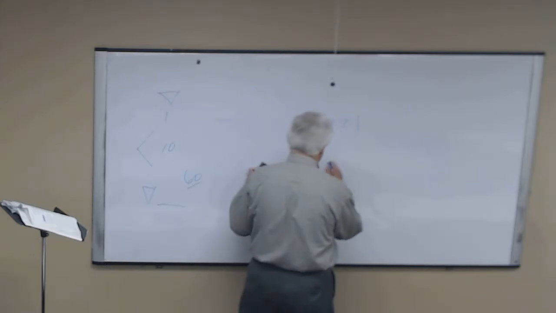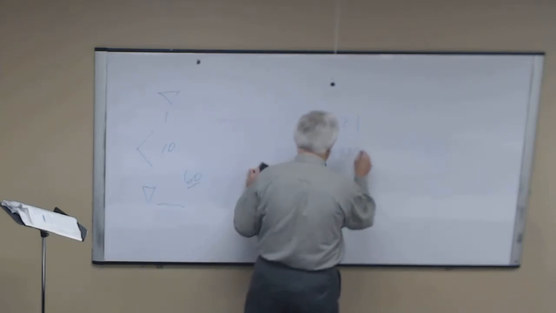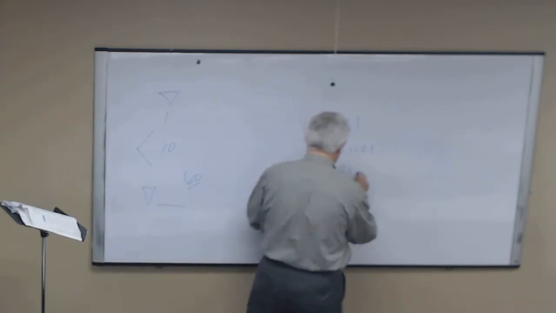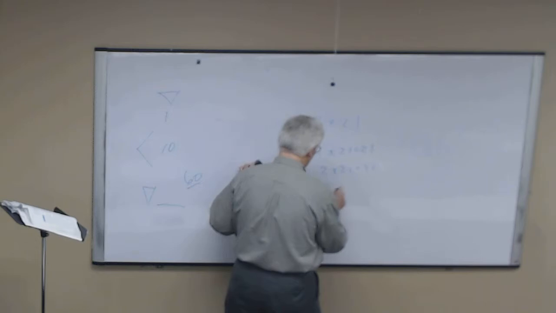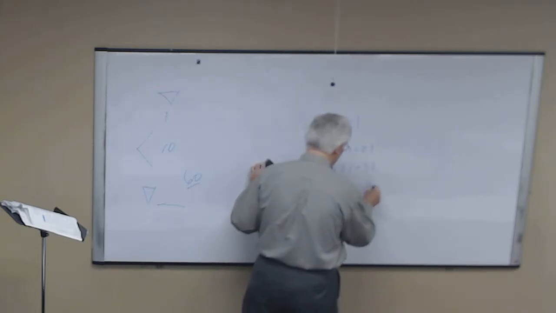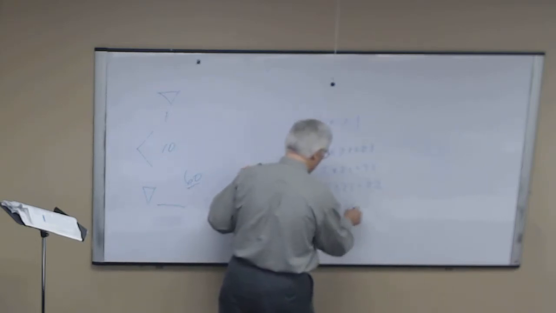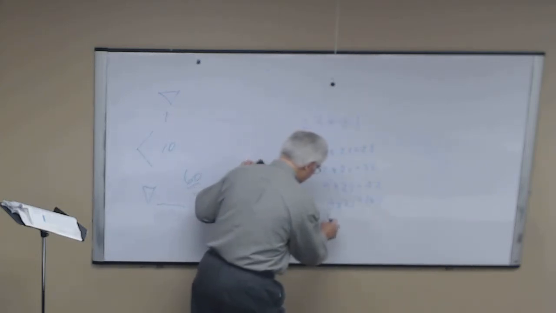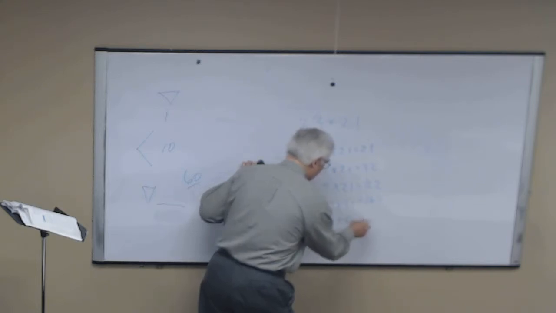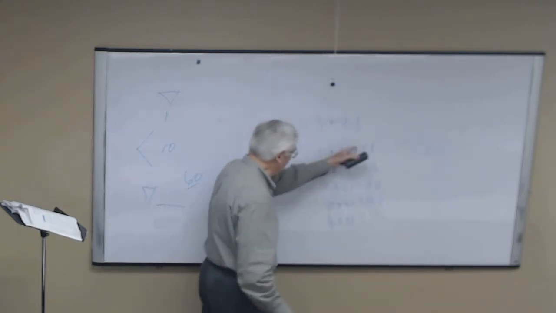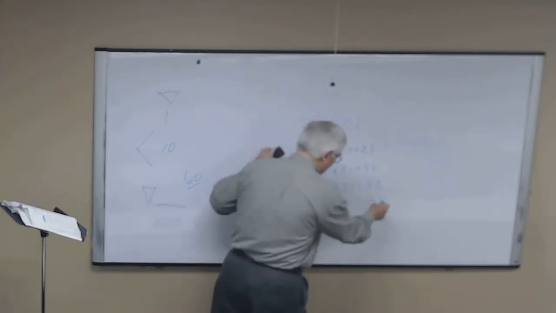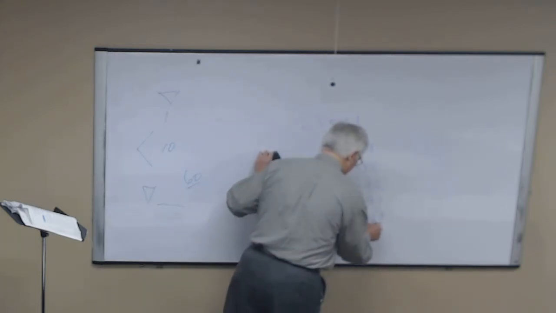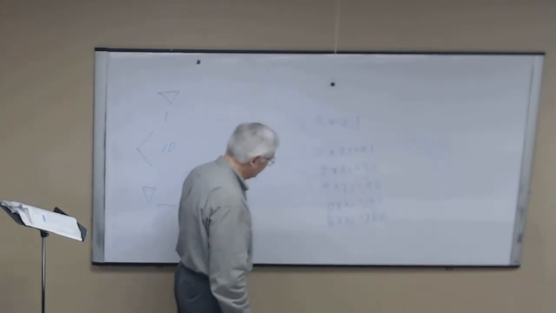So I have 1 times 21, 2 times 21, 4 times 21, 8 times 21, and 16 times 21. And of course, since I'm doubling these, I just double that. That's 8. 328. Okay?